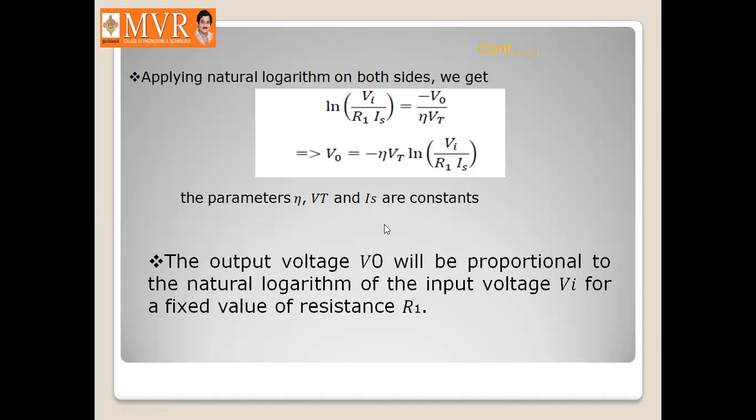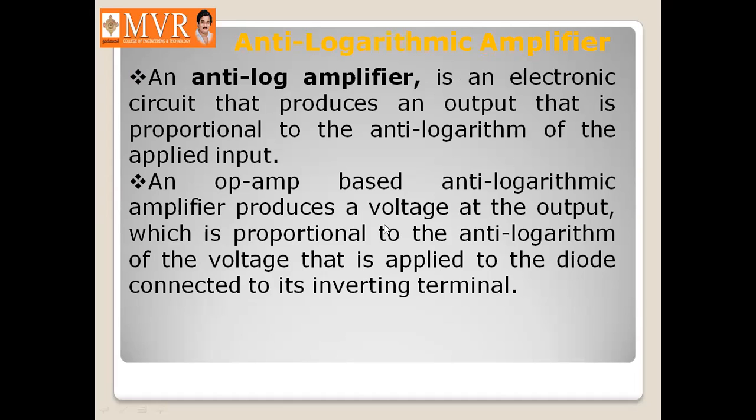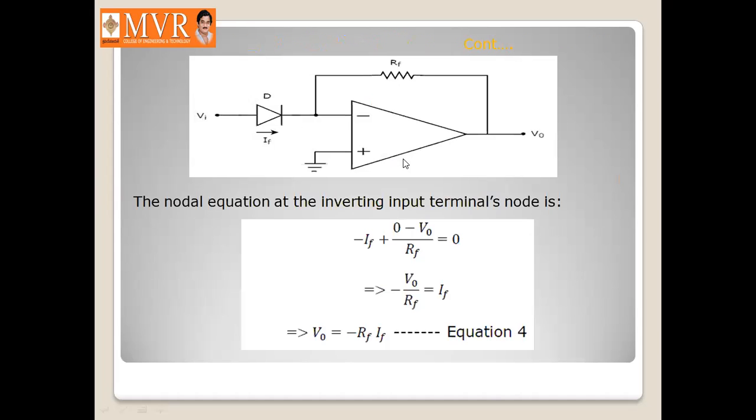And coming to another application, op amp as an anti-log amplifier. In the logarithmic amplifier, we used the diode in the feedback path. Here in the anti-logarithmic amplifier, we are using the diode at the input side.